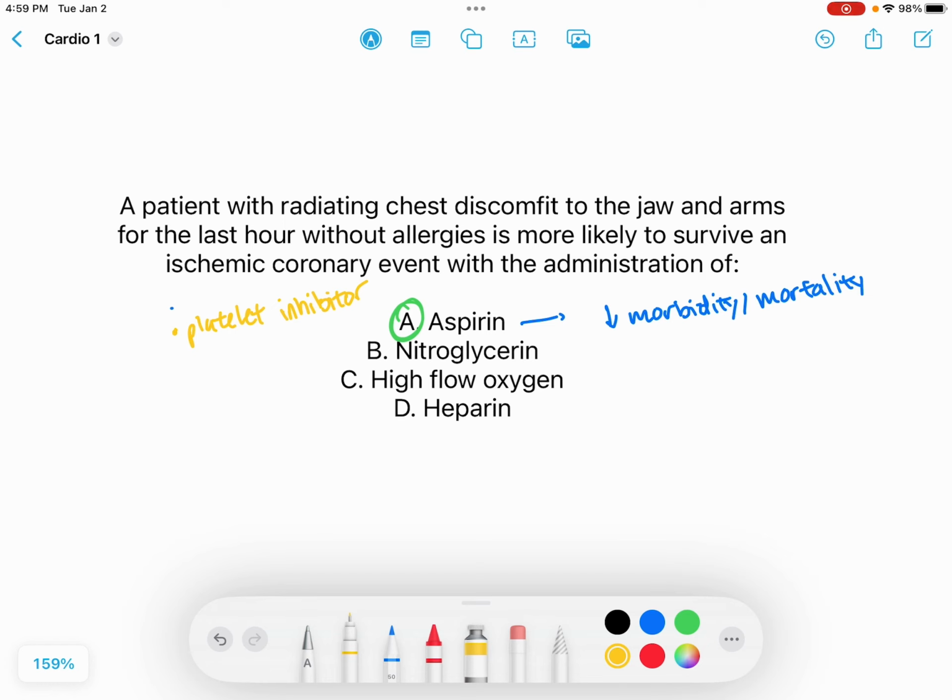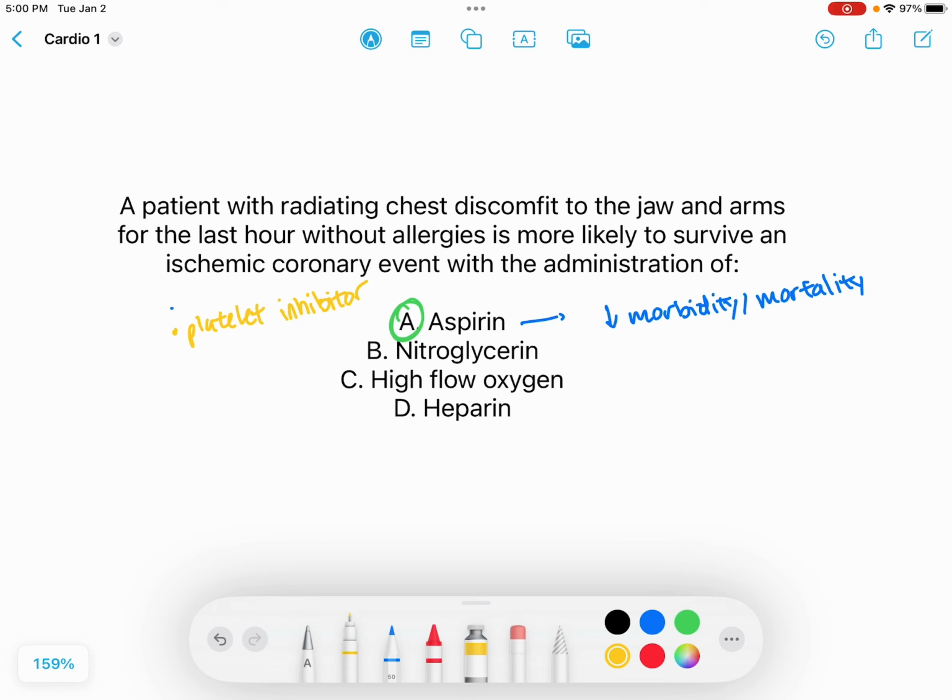And what this does is it prevents platelets from sticking to the injured blood vessels that are all plaqued up, making that partial occlusion into a worse full occlusion, or a mostly occluded blood vessel into a 100% occluded blood vessel. So aspirin is very important for preventing that from worsening.